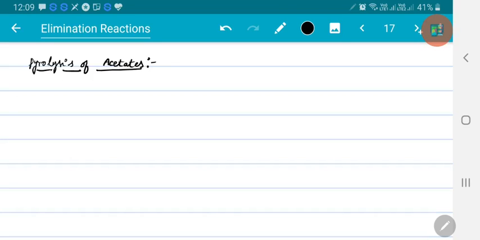That's why it is called thermal elimination reaction, pyrolytic elimination reaction. There is no need of any base. So just a substrate having esters or xanthates or amine oxides, simply on heating they lead to formation of alkenes.